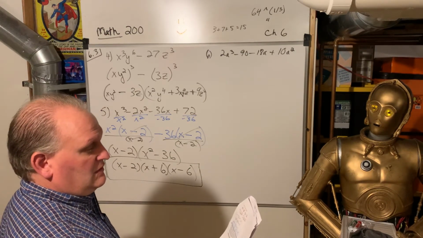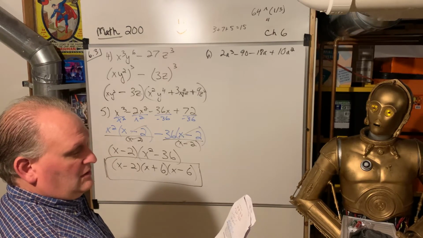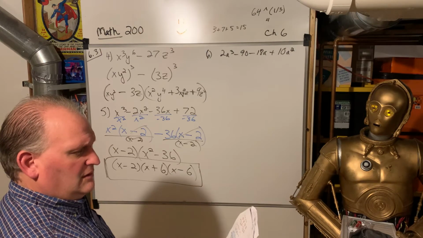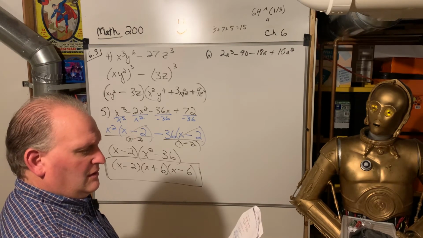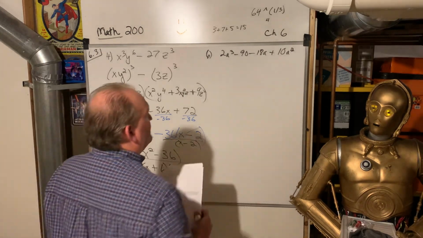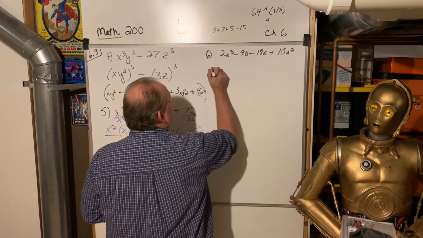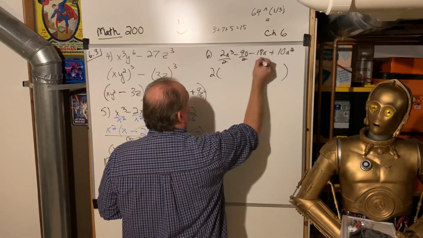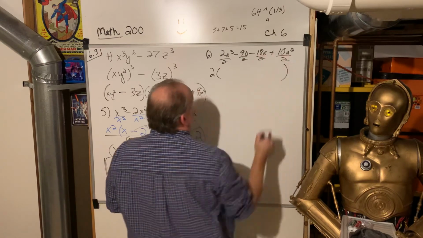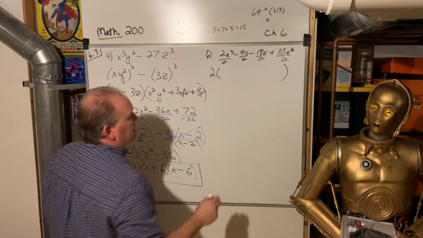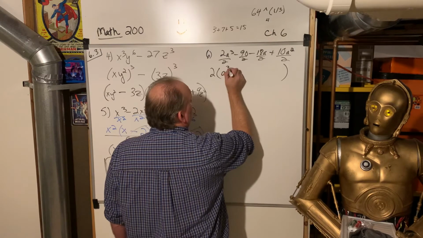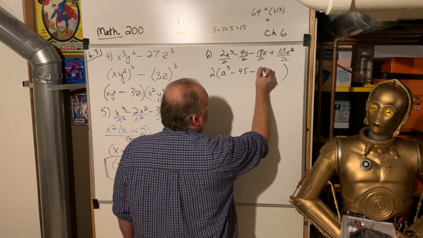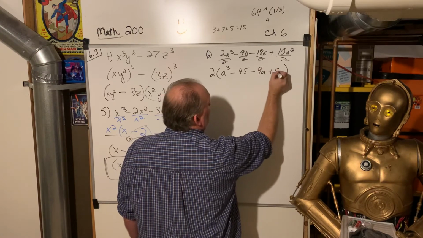A 2? Yeah. Yeah, we can factor a 2 out of everything for starters. So let's do that. On my key, I didn't do that until the end. I should have done that right away. It would make it a little easier. So now we got a cubed minus 45 minus 9a plus 5a squared.